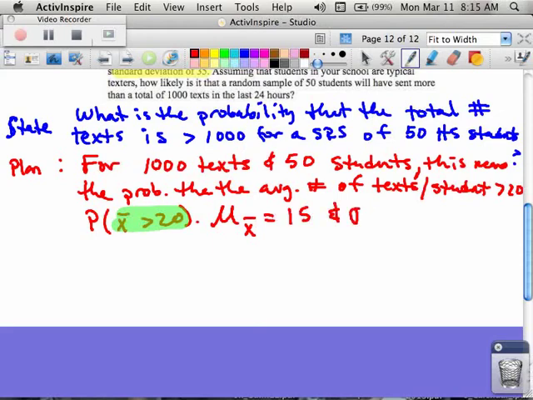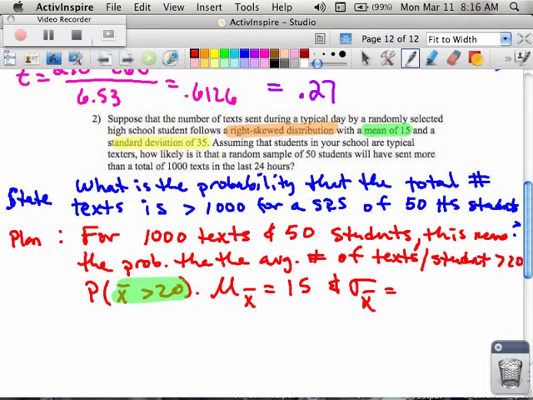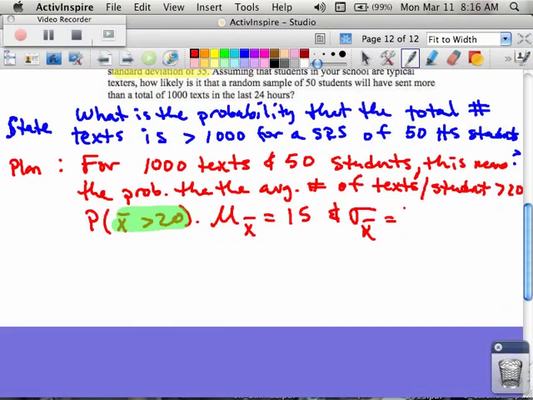And the standard deviation of my sample is going to be the standard deviation which they gave me, 35, divided by the square root of my sample size 50, which my sources say is 4.95.